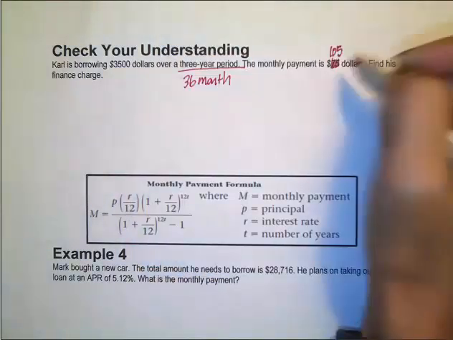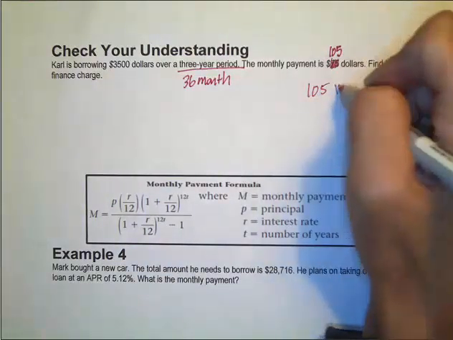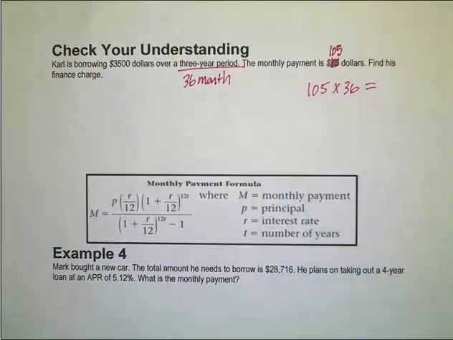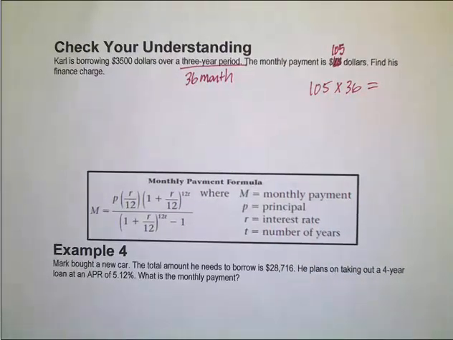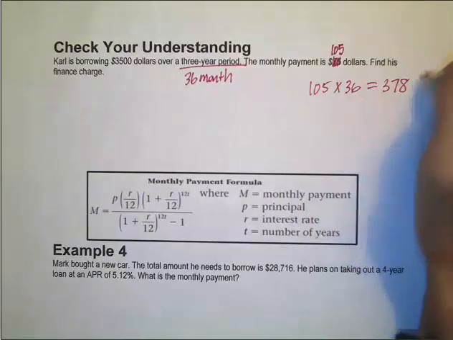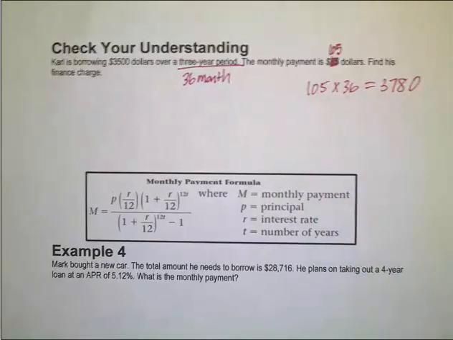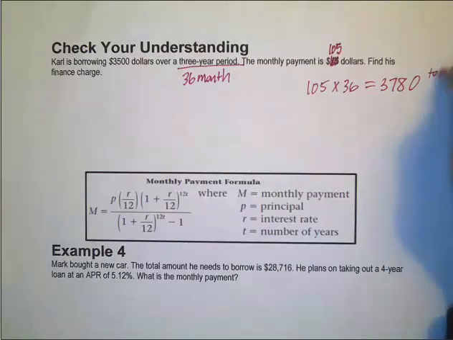If I paid $105 per month, how much did I pay altogether? And you should have put that in your calculator: $3,780. Well, if he's only borrowing, so this is the total amount paid.